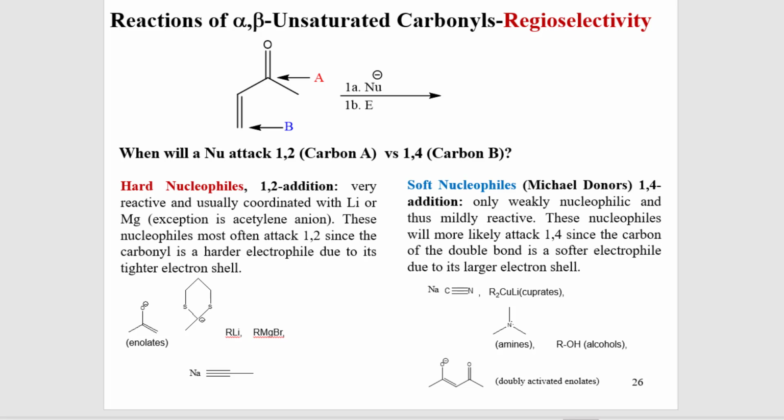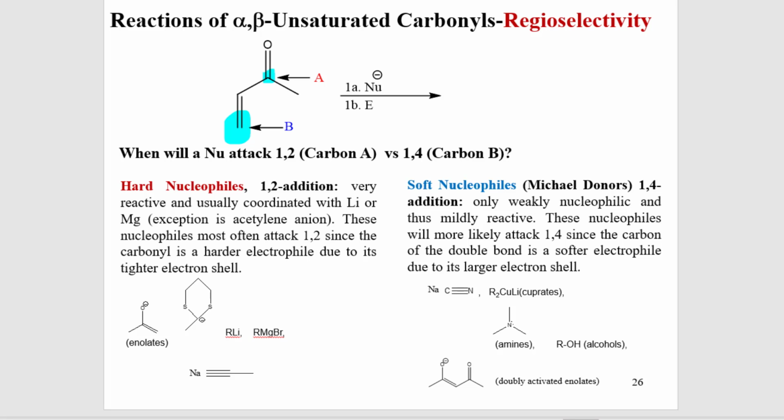Well, hard nucleophiles have a very tight, small electron shell, while soft nucleophiles have a much larger, squishier electron shell. So I'll represent that using the blue. They're both electropositive, but one is a bigger, fatter electron cloud, and the other one is smaller. So the tighter shell is the one closer to the oxygen, maybe because the electron density is pulled up towards the oxygen a little bit better, tightening that shell.